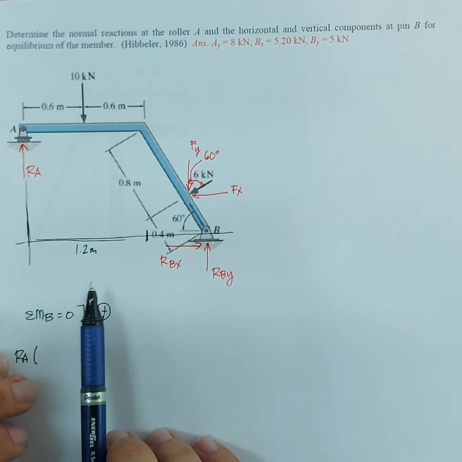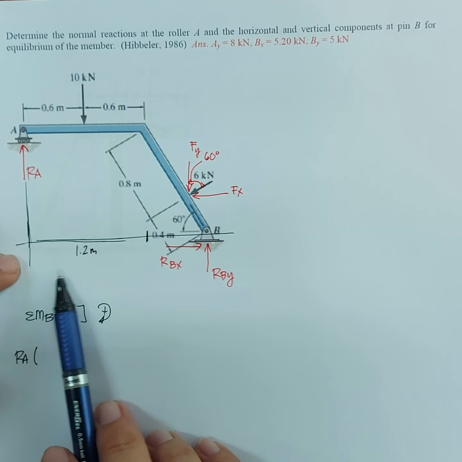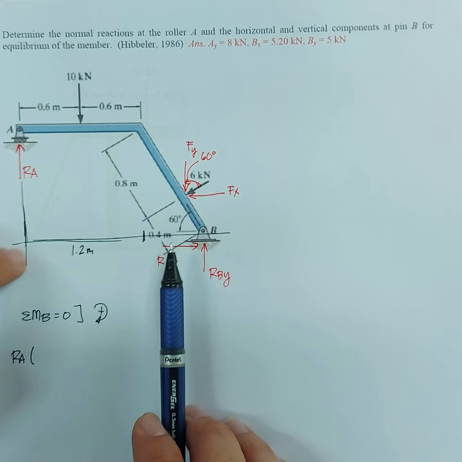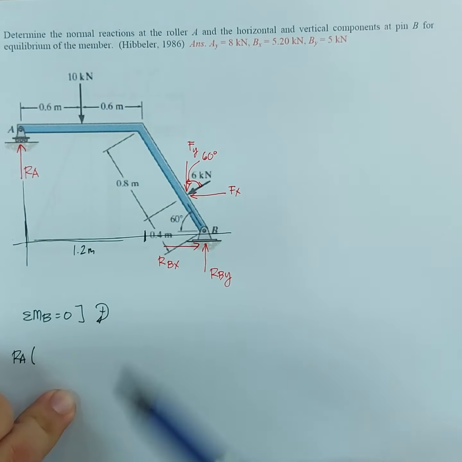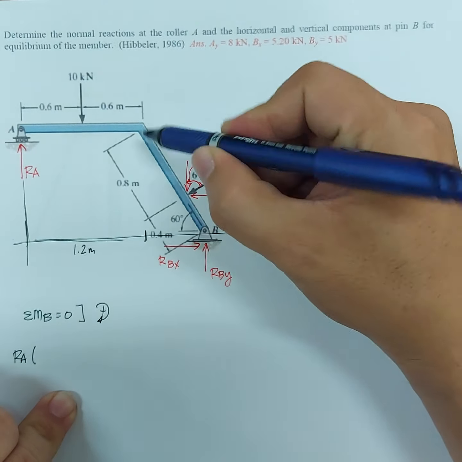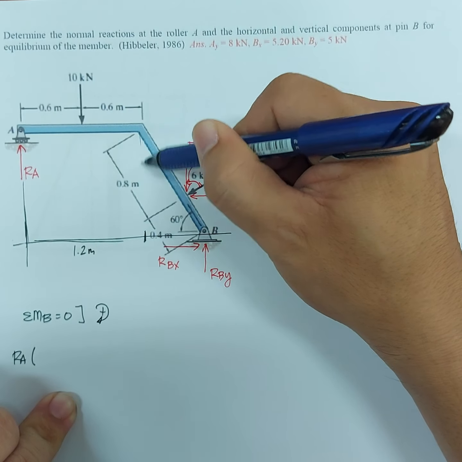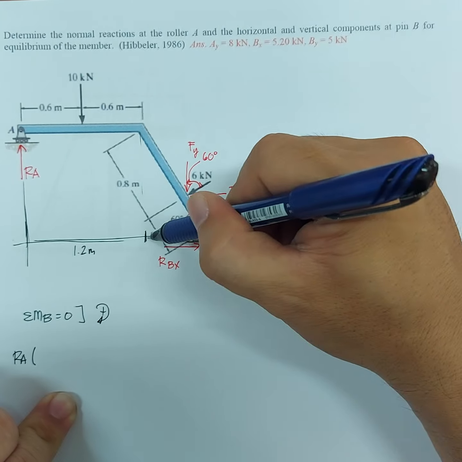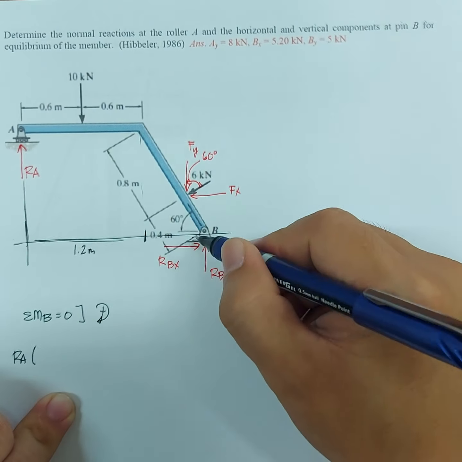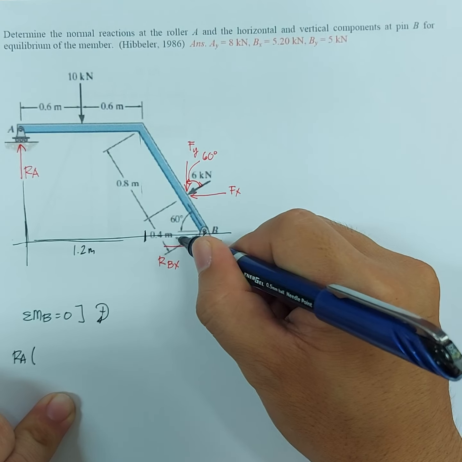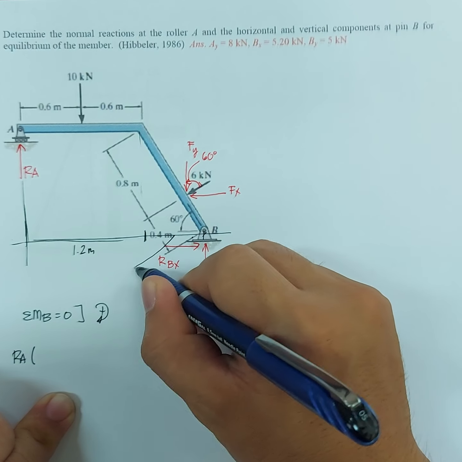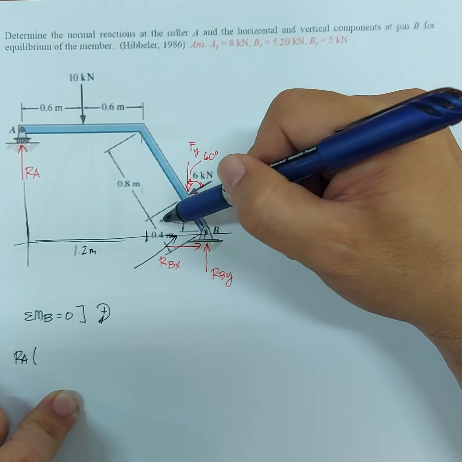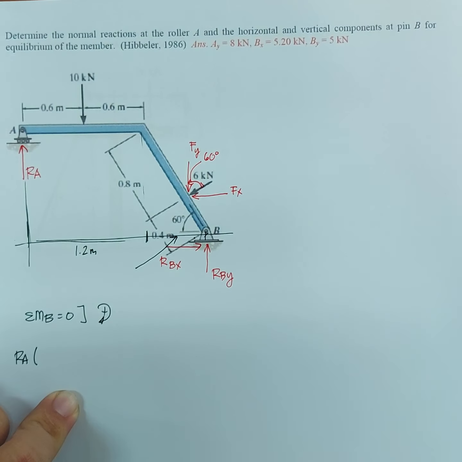So we are trying to identify yung moment arm ng RA relative to point B. So how do you solve for this distance? Itong distance na yan. Ito. So this distance is equal to, anong distance ito? So that is 0.4 meters, tapos 0.8.